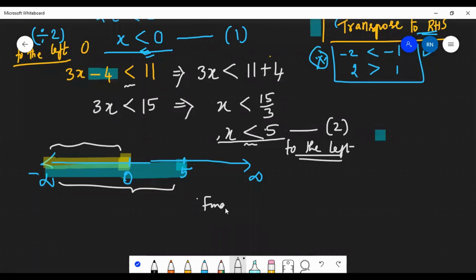You can directly give it; it's not that you have to write the intervals and then see which is more. You can easily say it is minus infinity till positive 5, and of course x belongs to that.